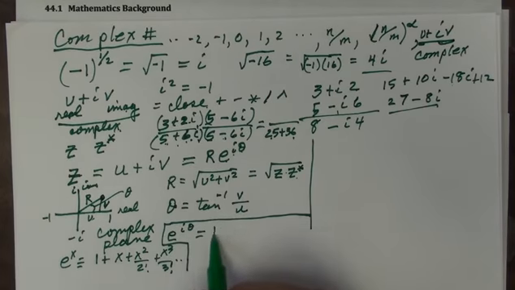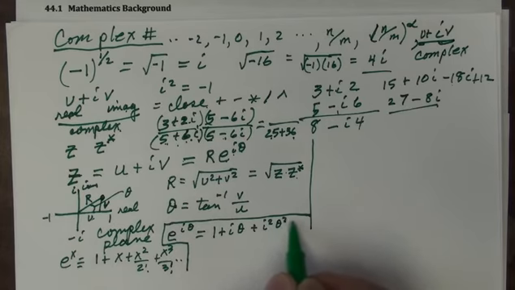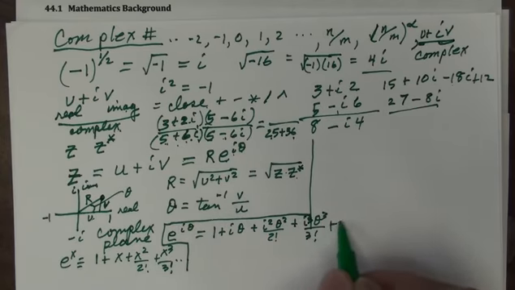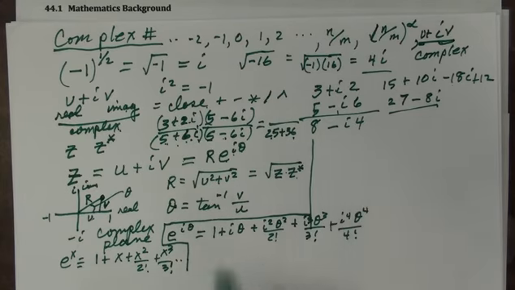e to the i theta is 1 plus i times theta plus i squared theta squared over 2 factorial plus i cubed theta cubed over 3 factorial plus i to the 4th theta to the 4th over 4 factorial.